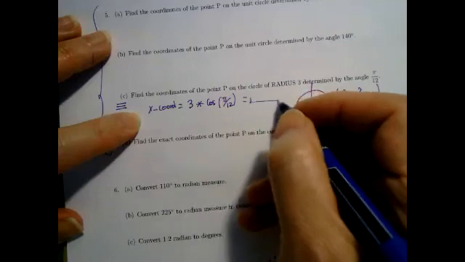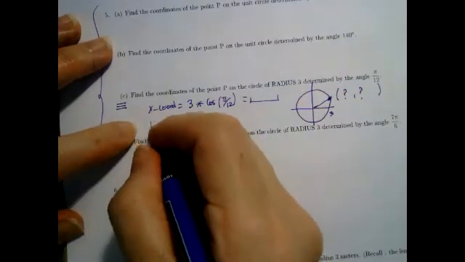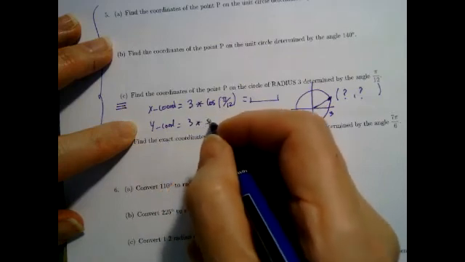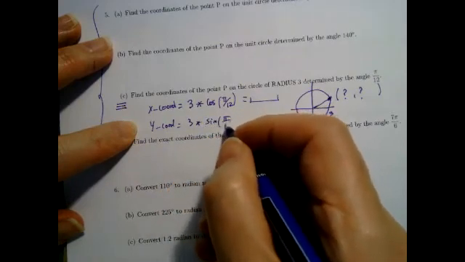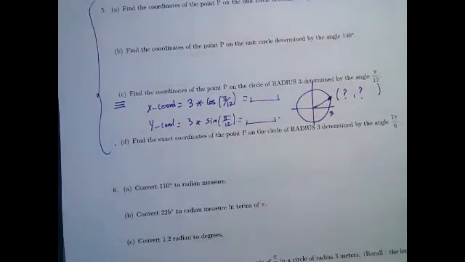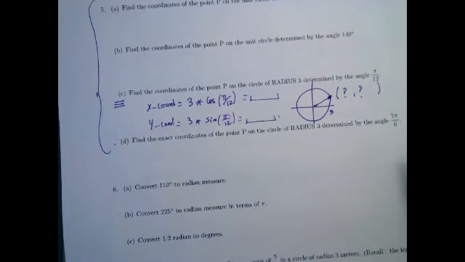And you guys will figure it out. And the y is 3 times the sine of pi over 12, which you guys figure out, okay? If I give you the angle in radian, your calculator has to be in radian mode. If it's in degree, make sure you are in degree mode.